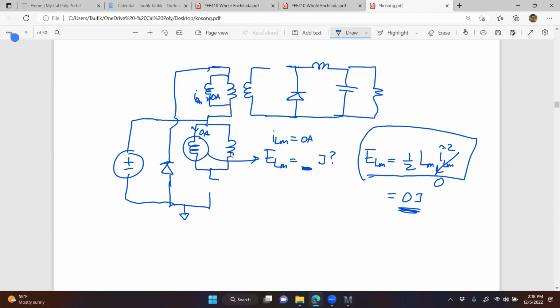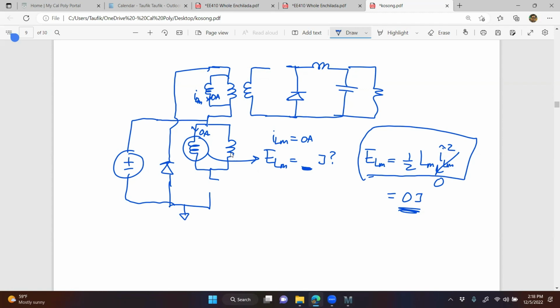This is actually a tricky problem too, but I want you to go through the conceptual process first. Since LM is big, there's no current. If there's no current, then there's no energy. If there's no energy, then when we are discharging it, there's going to be 0 amps.